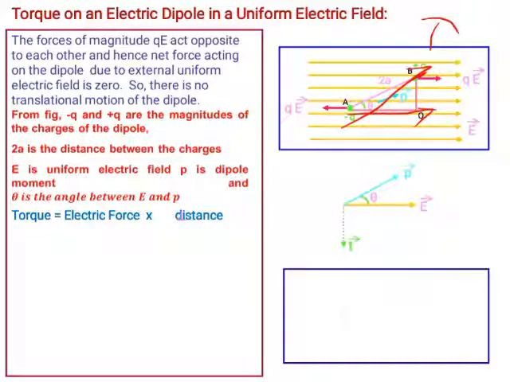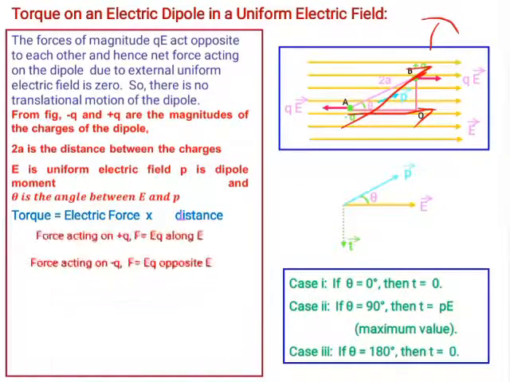Now suppose the force acting on plus q is F equal to EQ along E. That is, due to this positive charge, the force is QE. The force acting on minus q, this q, is EQ opposite to E. This force is opposite to the electric field.